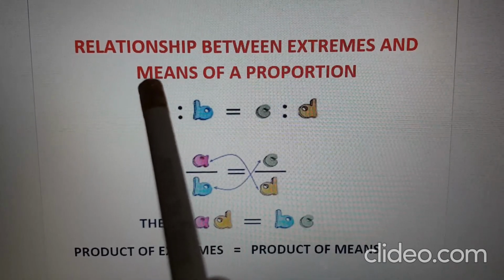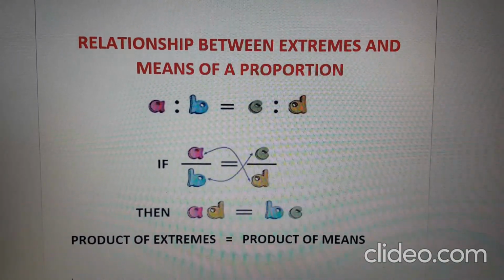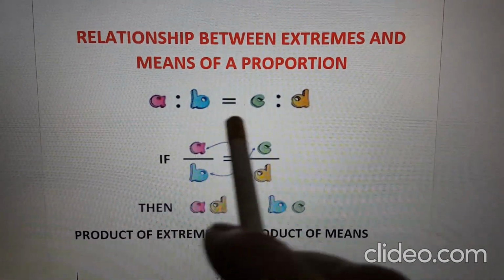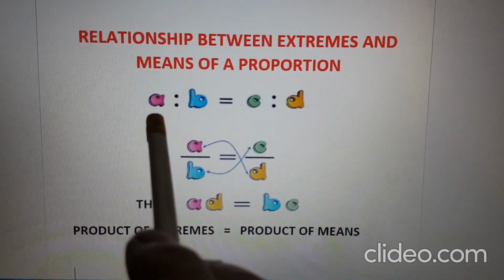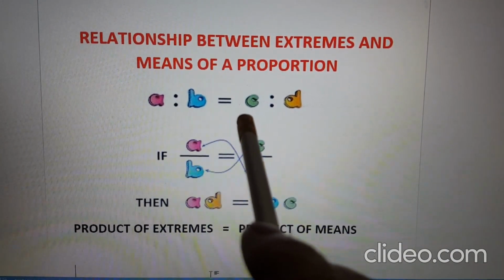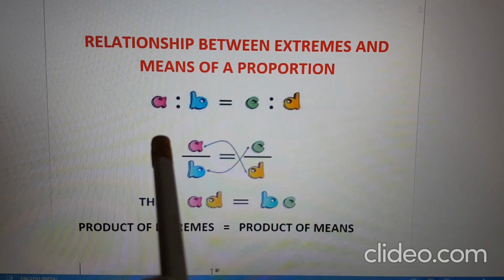Now we will learn the relationship between extremes and means of a proportion. When two ratios are equal, they are said to be in proportion. The product of their extremes and the product of their means are also equal.